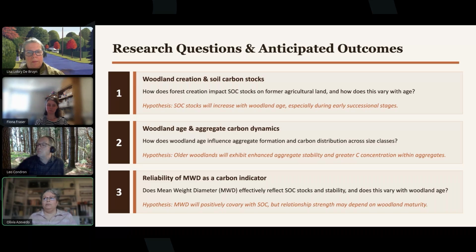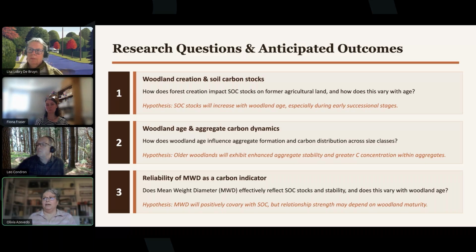We predicted that older woodlands would show greater carbon enrichment across aggregate size classes. Third, does mean weight diameter, the standard index of aggregate stability from wet sieving, actually tell you anything about carbon stocks in a woodland system?